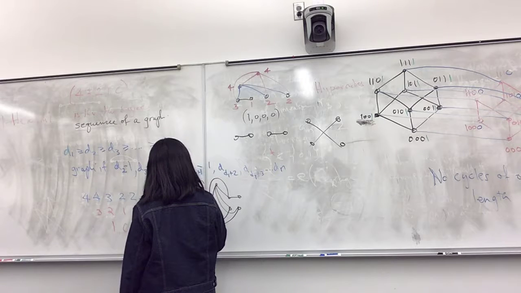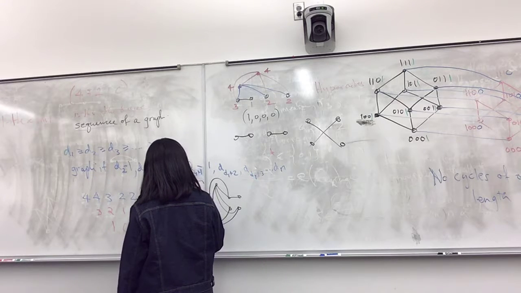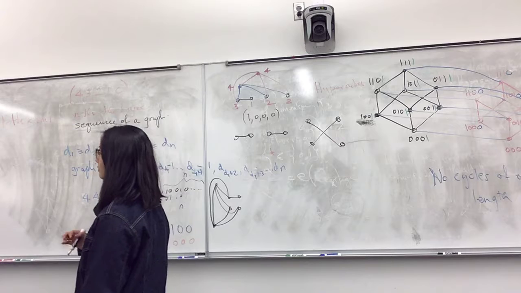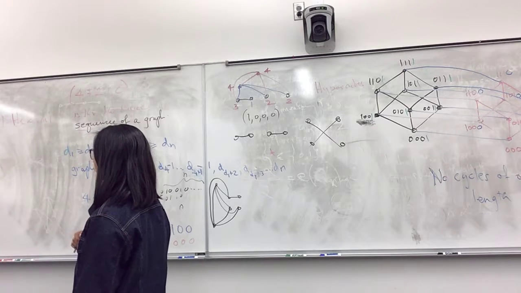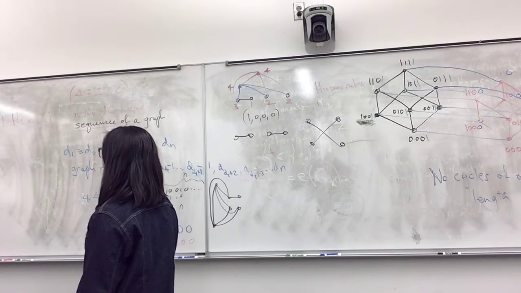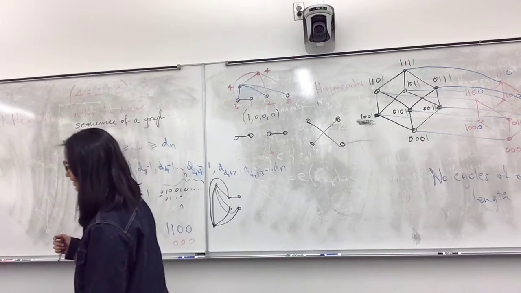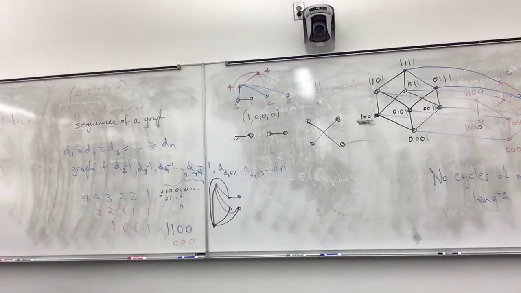Let me make sure I'm on the same page. So you want to know the number of vertices, V, Q_n, the n-dimensional cube.